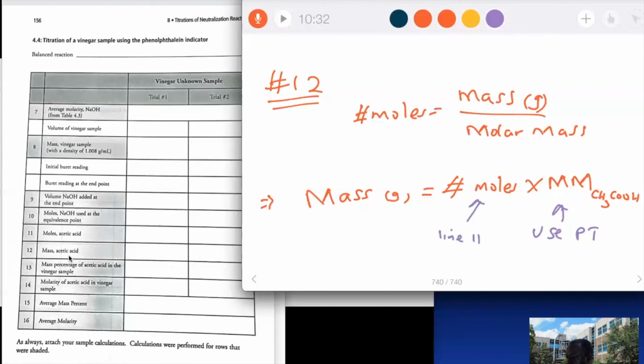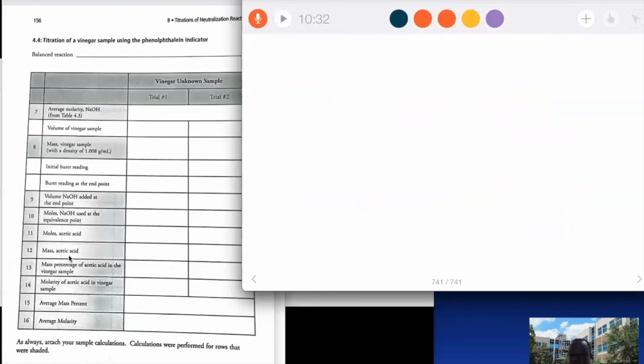Now, almost done. Line 13. We know the mass percent concept: mass of the component over the total mass.